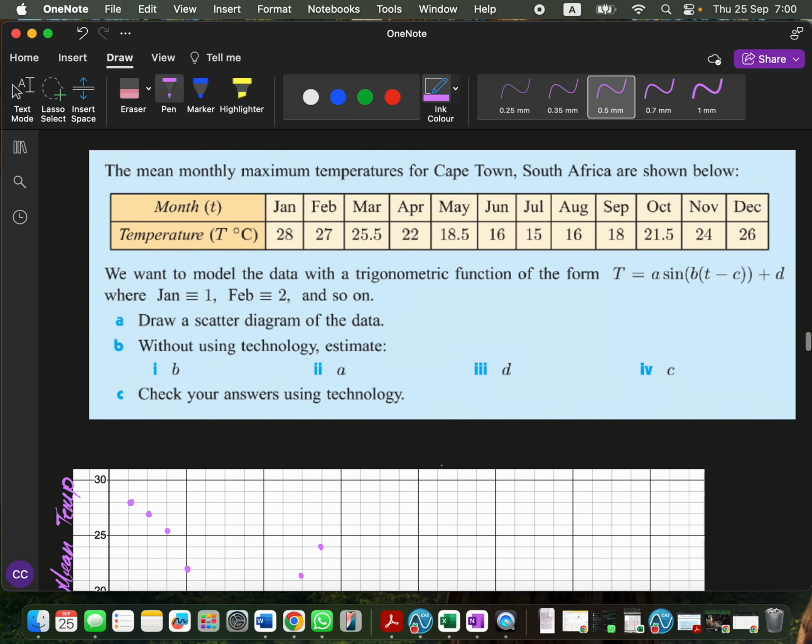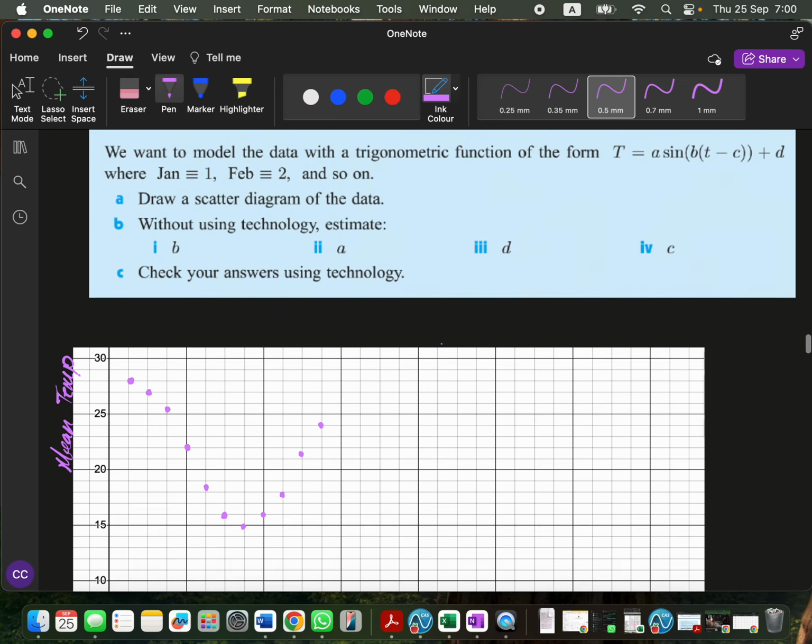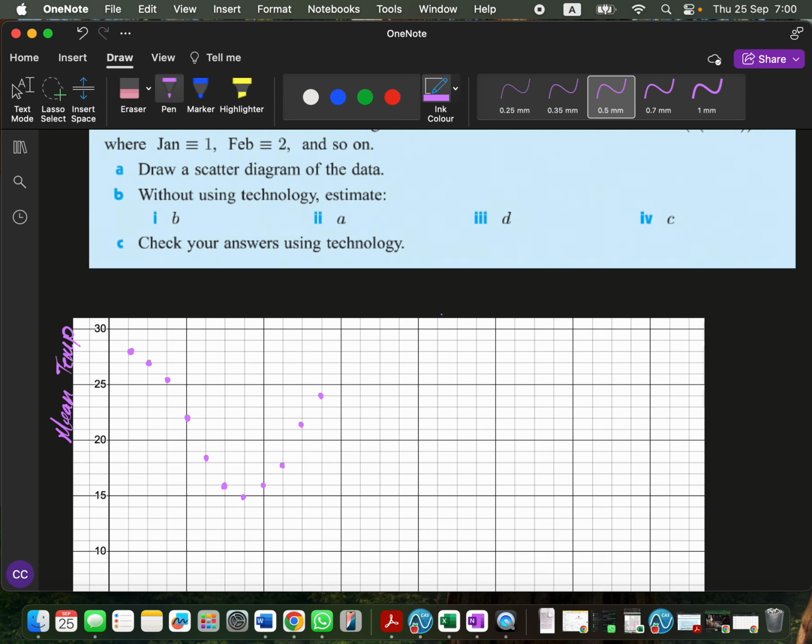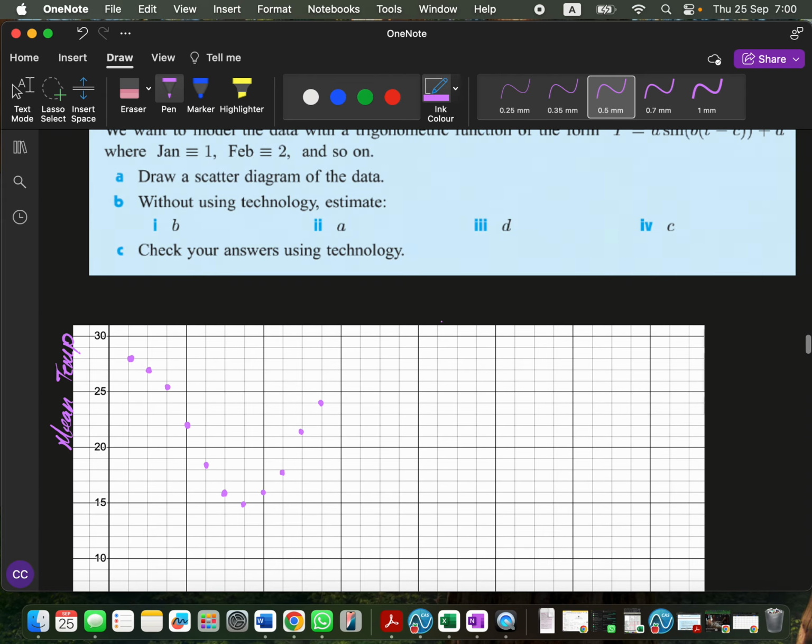Did I miss one? January, October, November, December. All right, and then December was 26.